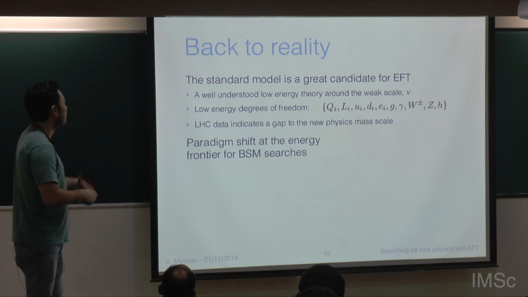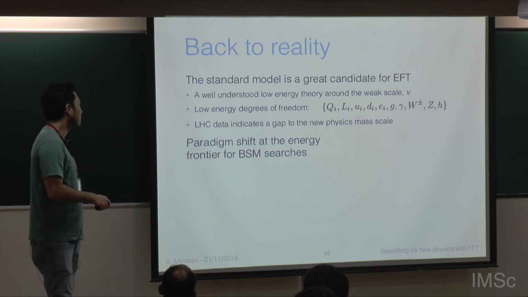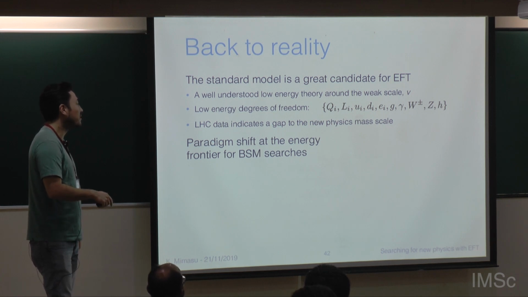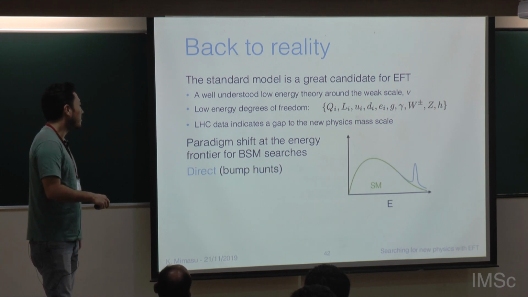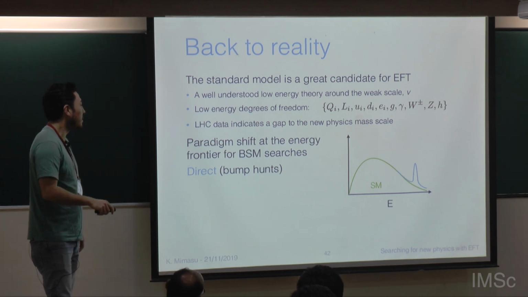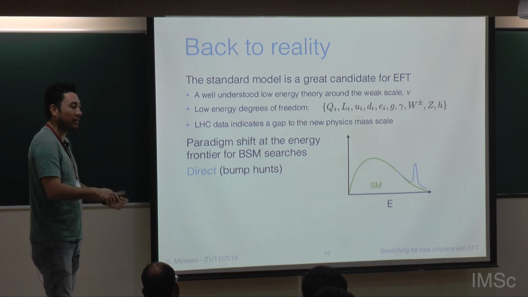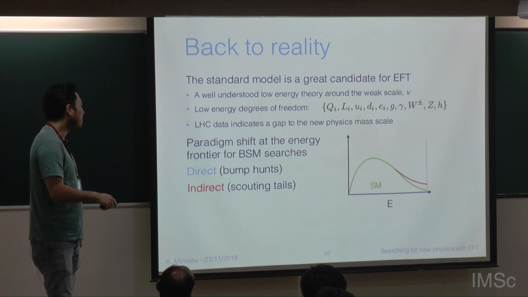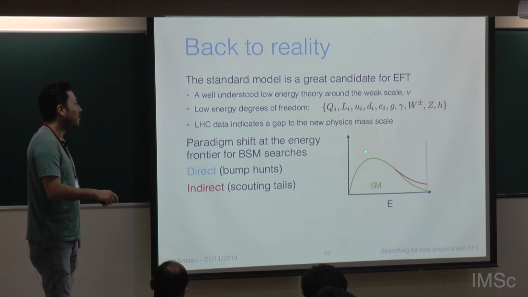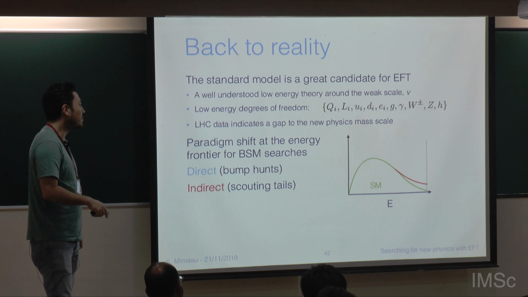And I think this is epitomized by the paradigm shift that's happening right now at the energy frontier of BSM searches. When the LHC started up, we were really looking for direct searches, a nice bump hunt, where some big resonance would just come and slap us in the face. Of course, this hasn't happened, and so we're more and more moving onto a picture where we're looking for indirect effects, perhaps in the tails of distributions.